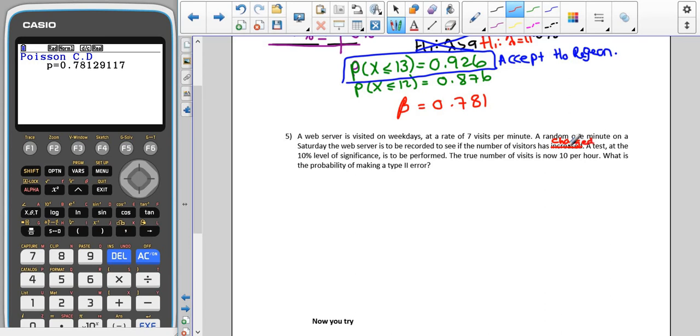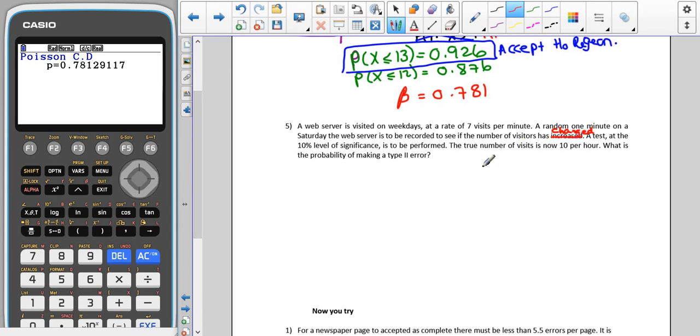I want it to be a two-tail one, so I'm going to change this to changed. A test at a 10% level of significance is performed. The true value is now 10 per hour. What is the probability of making a type 2 error?